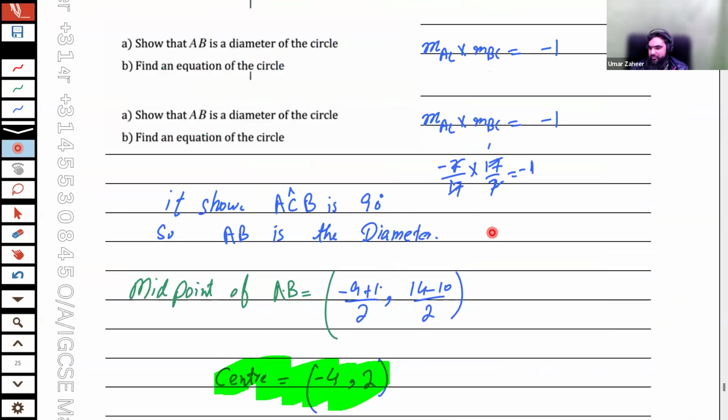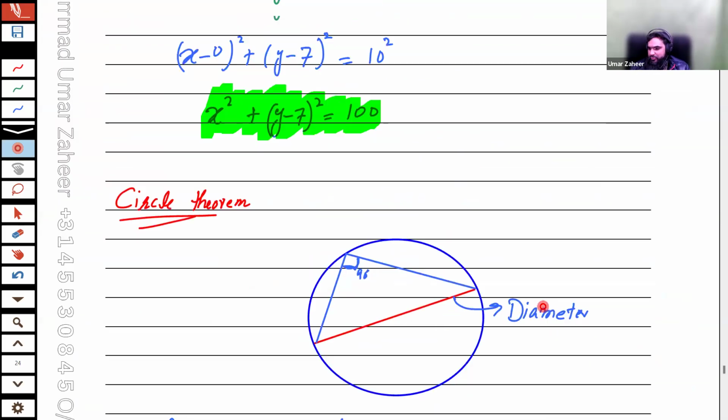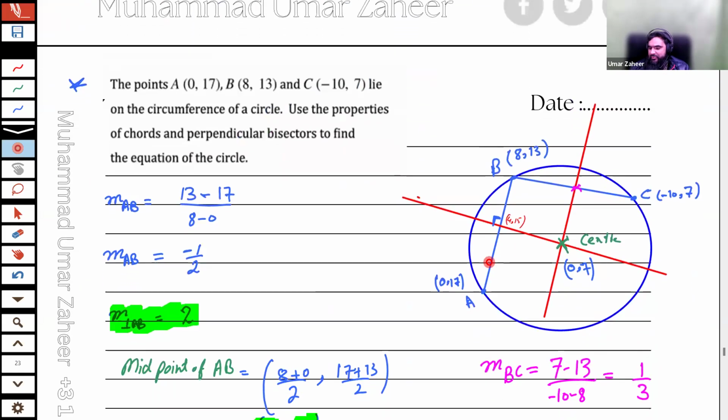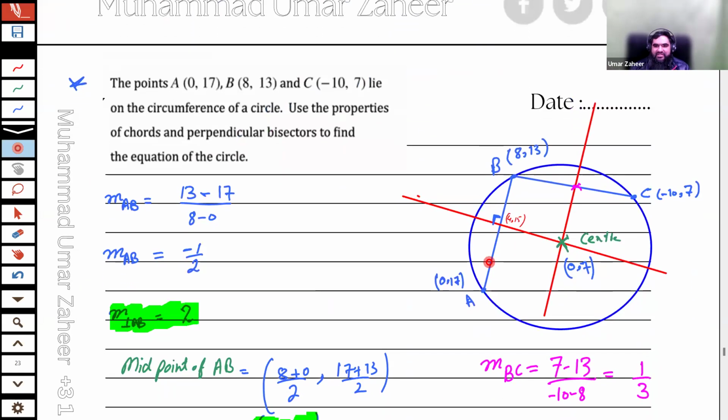And one of the most important properties that most students forget, which is not difficult, just lengthy, is that the perpendicular bisector of a chord always meets at the center.